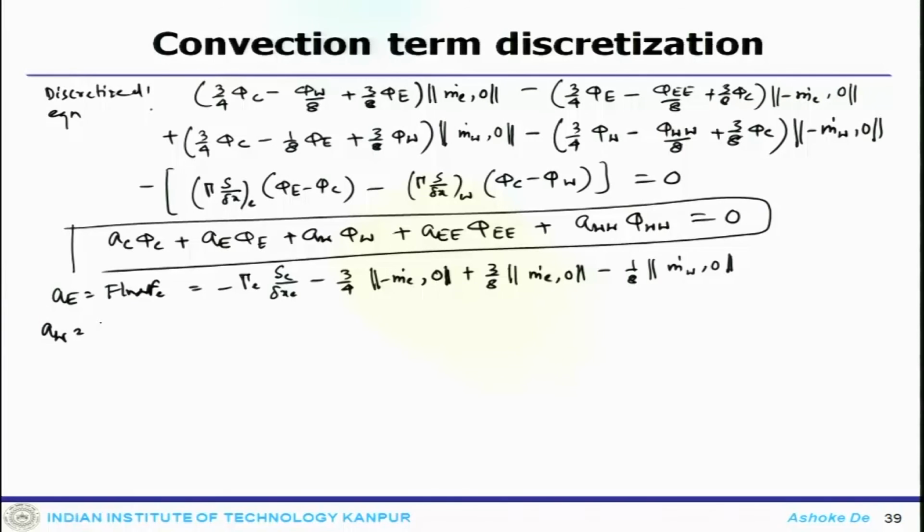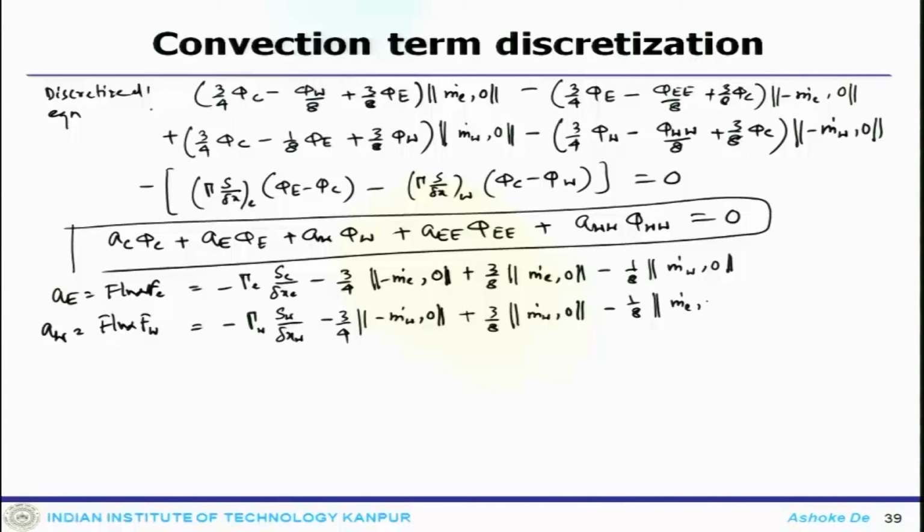A W would similarly be the flux F W, which is gamma W A W by del x W minus 3 by 4 m dot W 0 plus 3 by 8 m dot W 0 minus 1 by 8 m dot E 0.